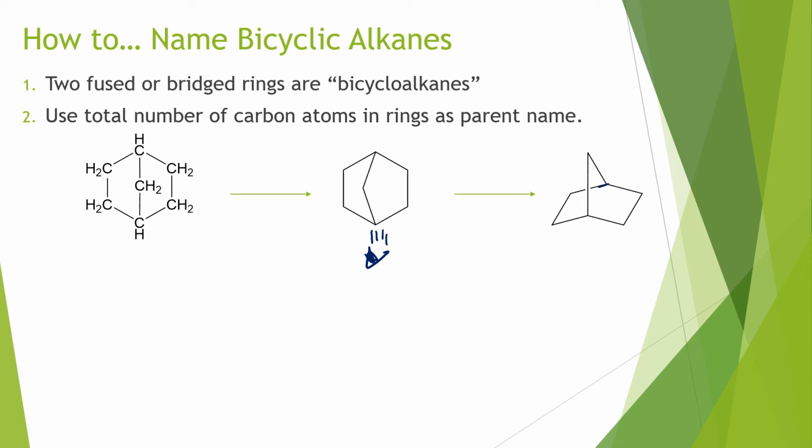Here is your cyclohexane ring. And then you'd have that bridge sticking up away from the cyclohexane ring. So this carbon is this carbon. So this molecule is a bicycloheptane because there are 7 carbons total.